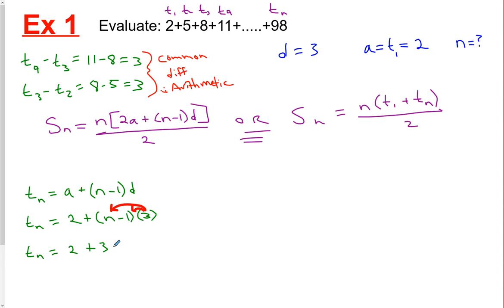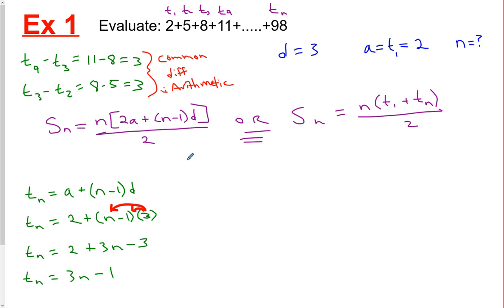Three times n is 3n. 3 times -1 is -3. Let's collect our like terms together. So we've got 3n there, and our +2 and our -3 give us -1. So that's our general term.